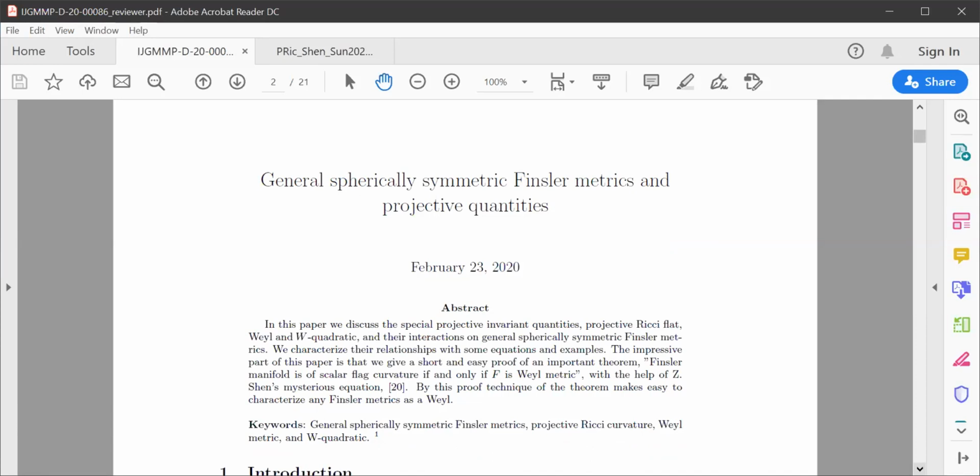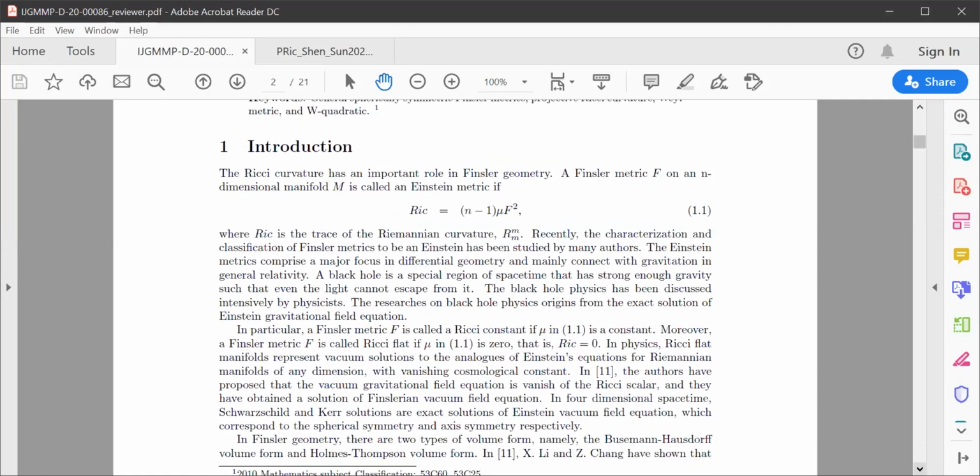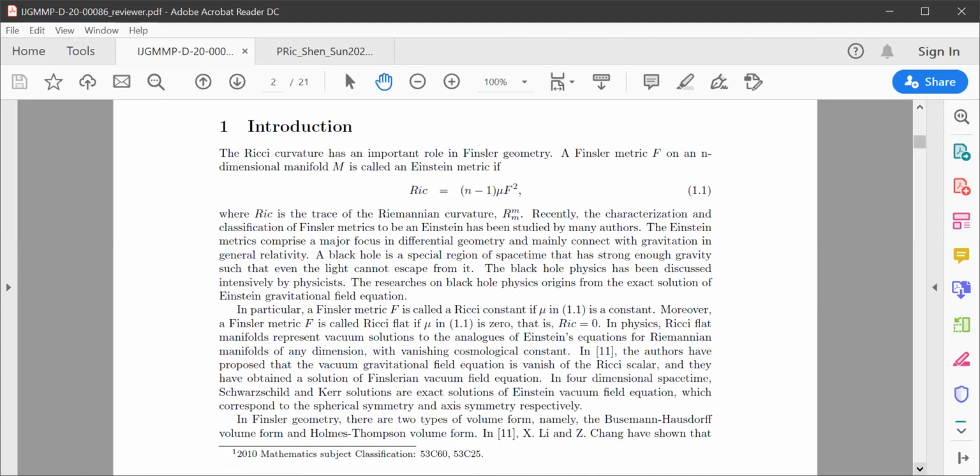So what does that do? This is the introduction of the paper, and basically it says what the instant matrix means and why it's important.